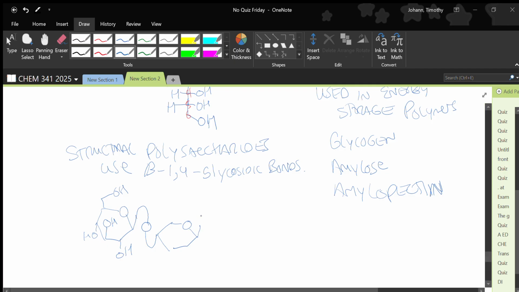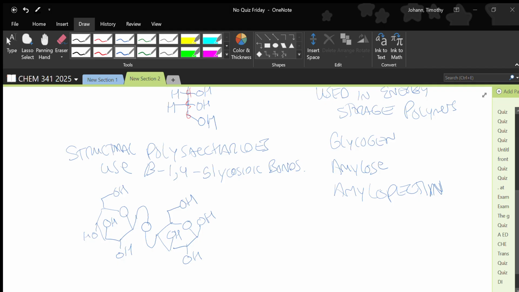We're just linking two together here. Okay, that's one way to represent it. Another way it gets represented is you don't do the crazy S-shaped bond, but you flip these. You do the first one, it goes up, so then the next one is upside down.